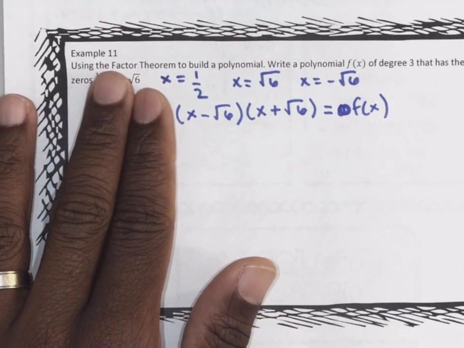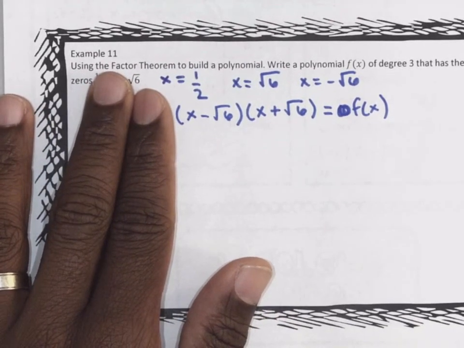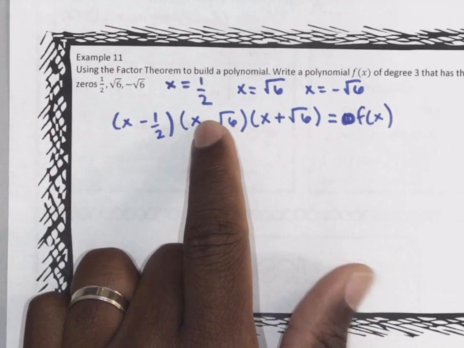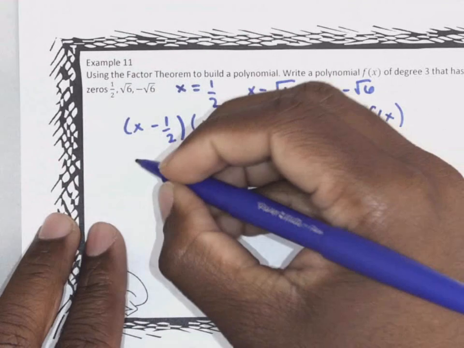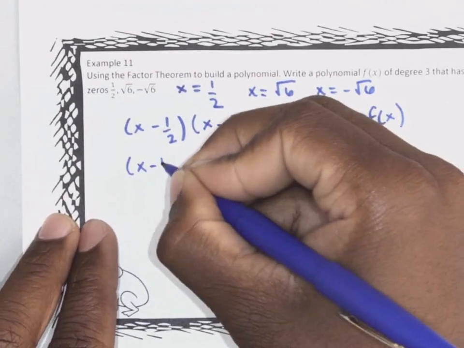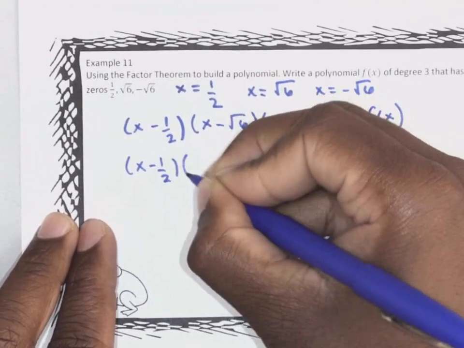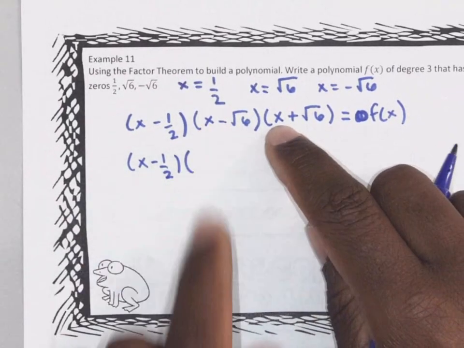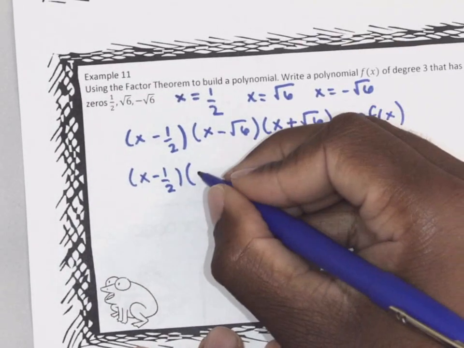Maybe I start off with these 2 and multiply or FOIL. Let's do these 2 first. I think it's going to get rid of our roots. So, not touching this one just yet, but it's still there. And now I'll FOIL this one. F is for first times first. What's first times first? X squared.